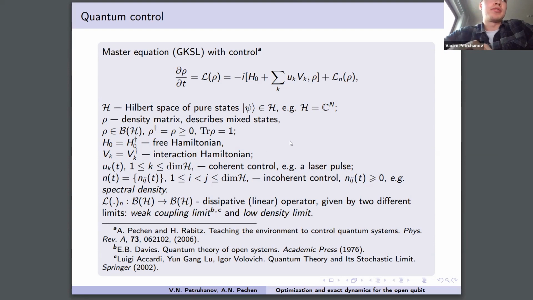For example, we can have a Planck distribution that is parameterized by the temperature T. So the exact form of the dissipator L can be derived by two different limits that are known in the literature. The first one is the weak coupling limit, and the second one is the low density limit. Here we consider only the weak coupling limit.